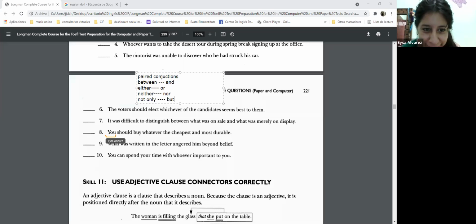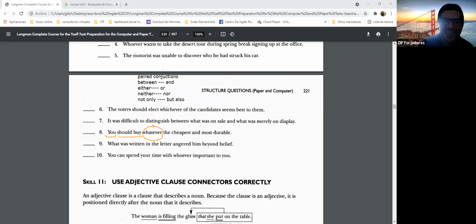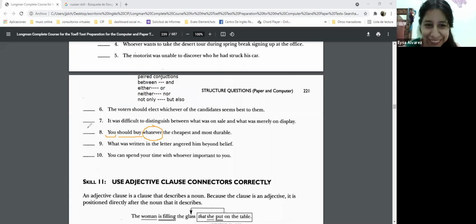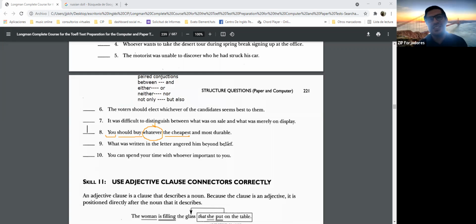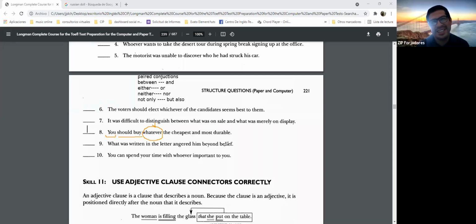In number 8, you should buy the action. Whatever is the noun plus subject. I think it's incorrect. Good. Why? Because this is the subject, so we have a double subject here. Well, "cheapest" is not a noun, it's an adjective. It's a superlative. Remember, a superlative is an adjective.